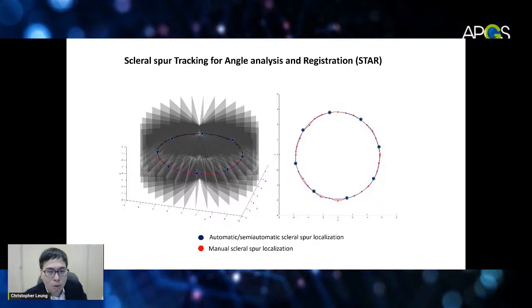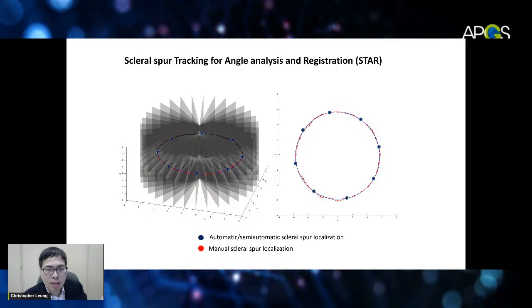What this algorithm does is rely on manual detection of the scleral spur, and then an algorithm automates the process and identifies the plane of the scleral spur of an eye. Obviously, we can now use AI to identify the scleral spur, but we often require human assessment to check whether it is correctly identified.